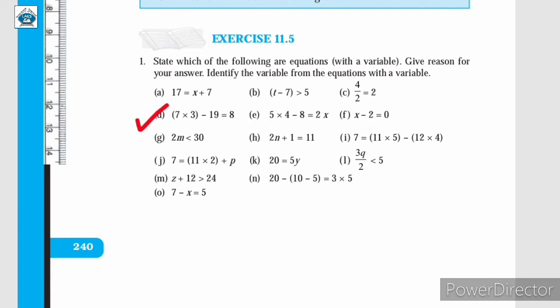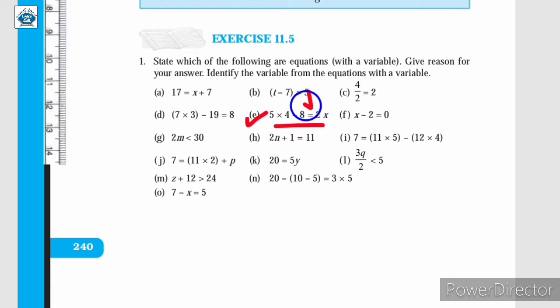Next, 7 multiplied by 3 minus 19 is equal to 8. Here we do have the equality sign, but again, just like part C, we do not have a variable. So 7 multiplied by 3 minus 19 is equal to 8 is not an equation because it does not have a variable.